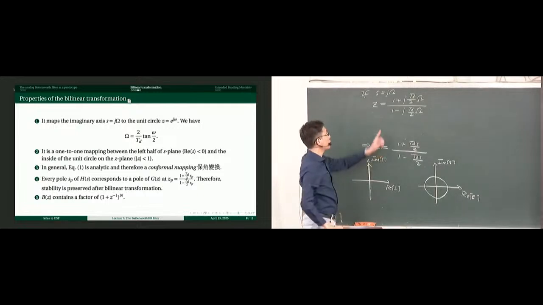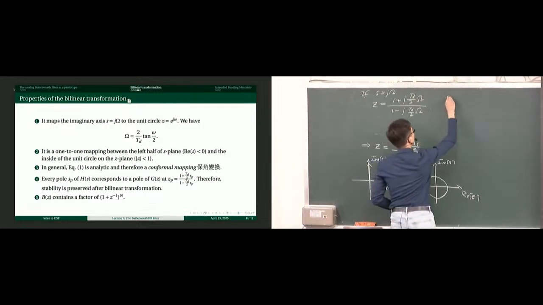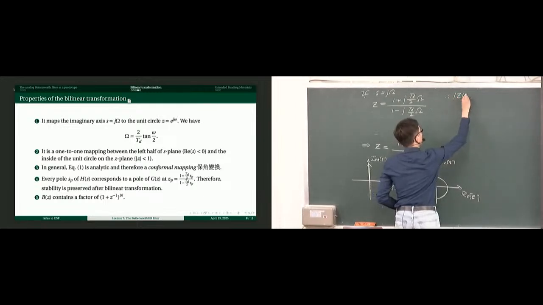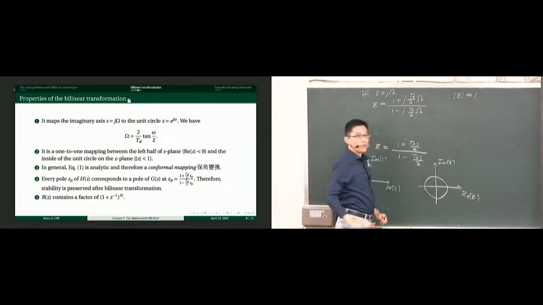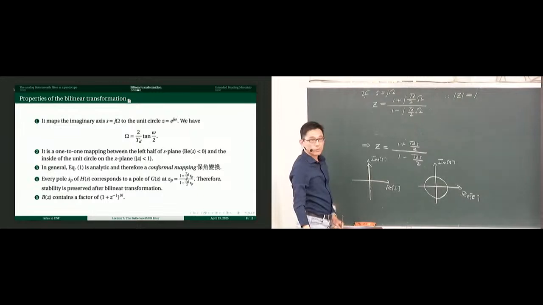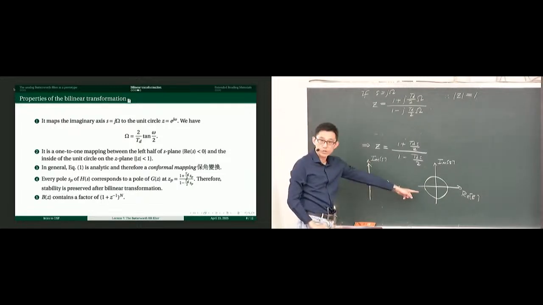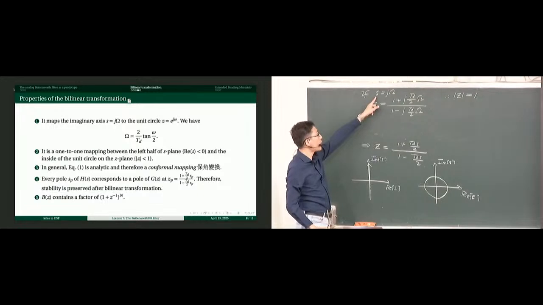It's rather easy to show that Z has a length of 1. Just by this very simple argument, we have already shown that the imaginary axis is mapped to the unit circle, because whenever S is on the imaginary axis, Z is on the unit circle. That's what we are showing.